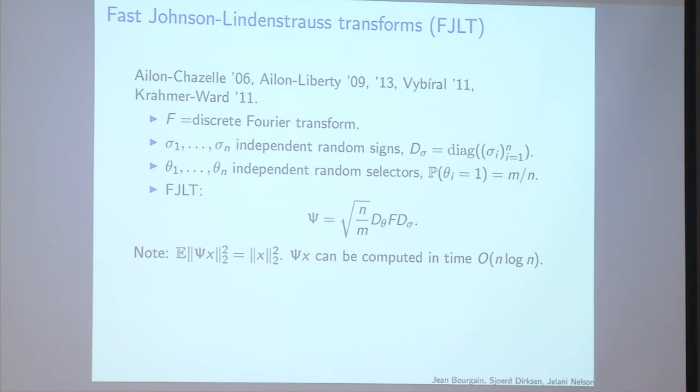There's a bit of rescaling going on here, and this rescaling is done so that this map is, at least in expectation, an isometry on each vector. You can do several things here: you can take a discrete Fourier transform, Hadamard transform, also a circulant matrix. The idea is always the same, that you can use the FFT to do matrix-vector multiplication. So in particular, computation time is n log n.